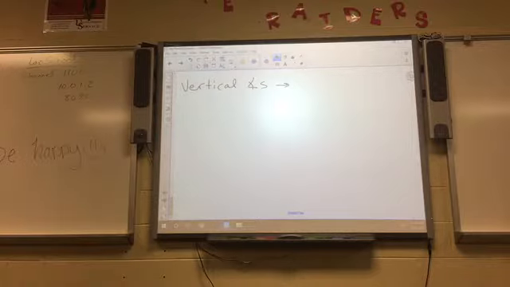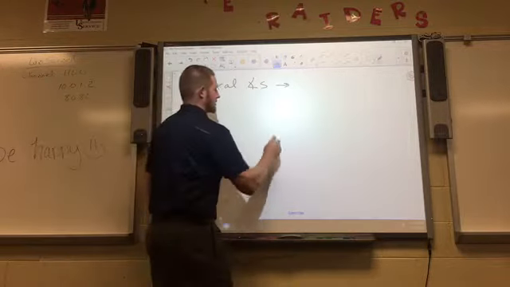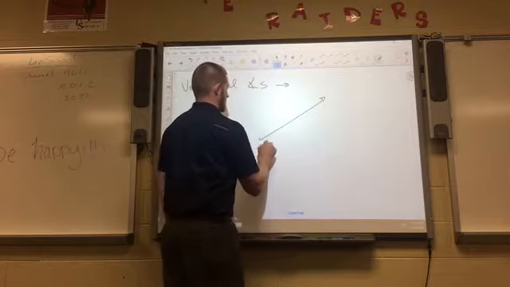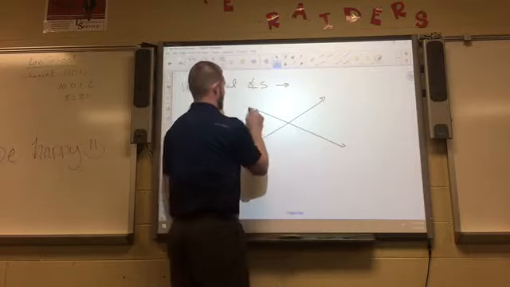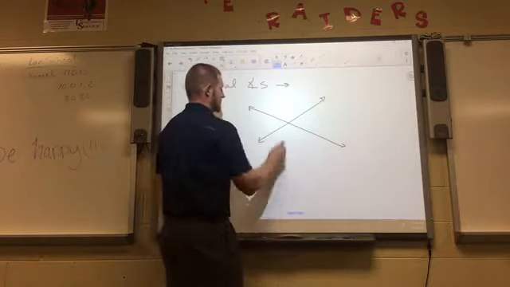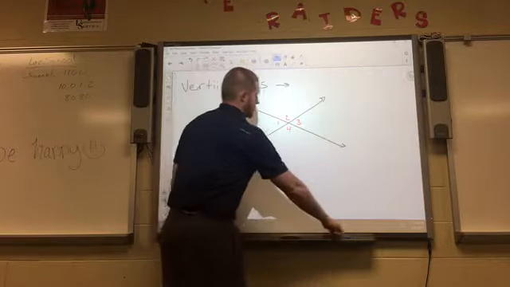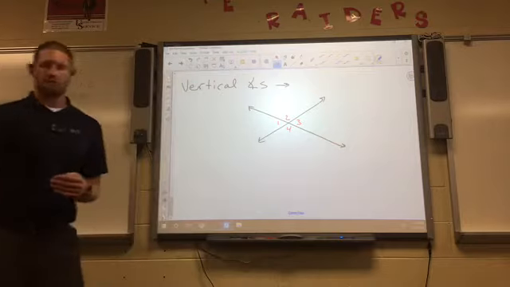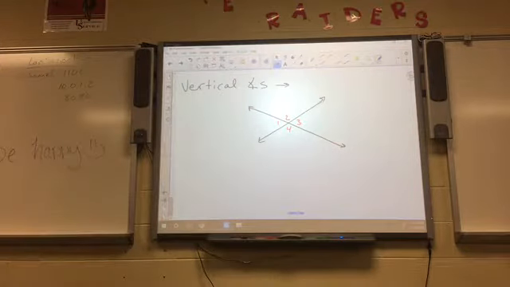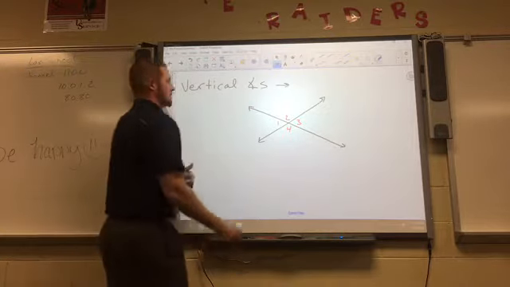I'll just show you. Once you figure out vertical angles, you're never going to forget them. The way I've found that most students like to remember it is they're directly across from each other or opposite of each other.